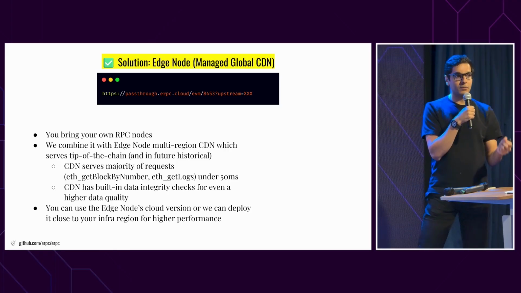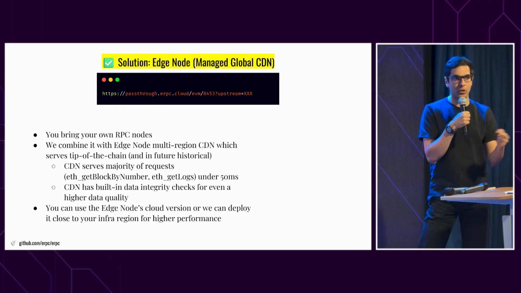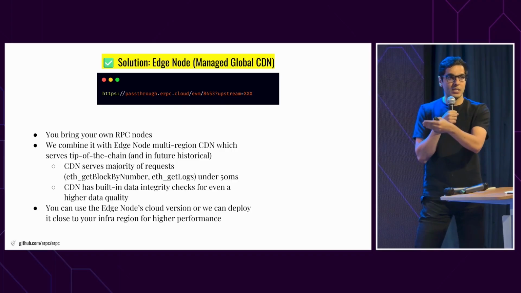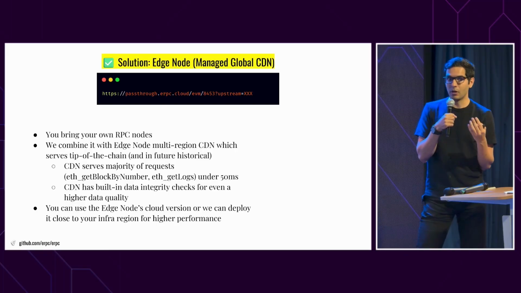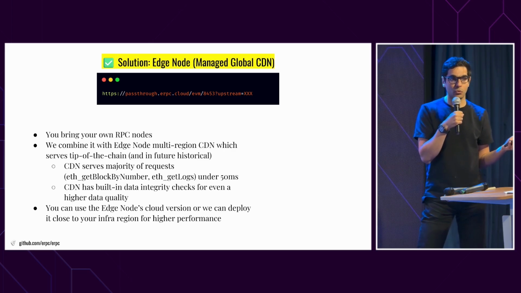It gets the raw data and can reconstruct lookup methods like get block by number, get logs, and all those things. It also does data integrity checks. The effect you see is under 10 millisecond RPC responses after you enable this node. And whatever RPC methods it cannot handle through the edge node, it handles through your backup RPC providers, so you get the benefit of both worlds.